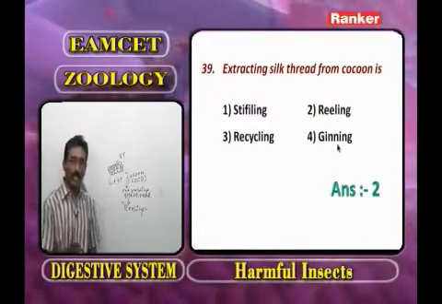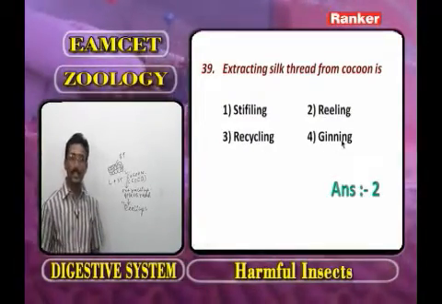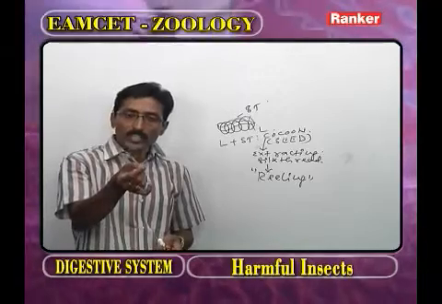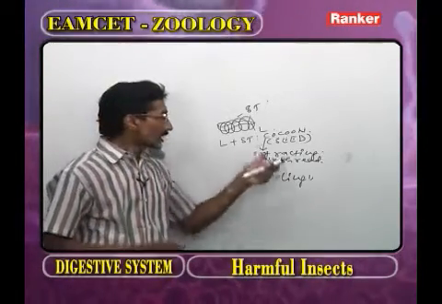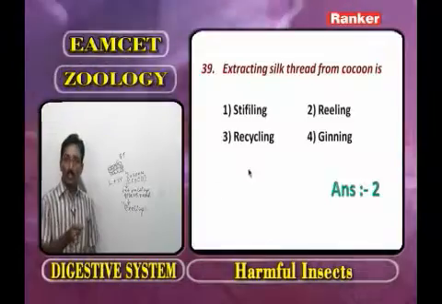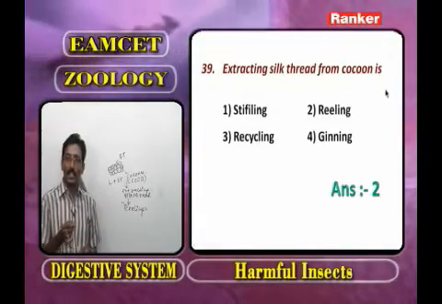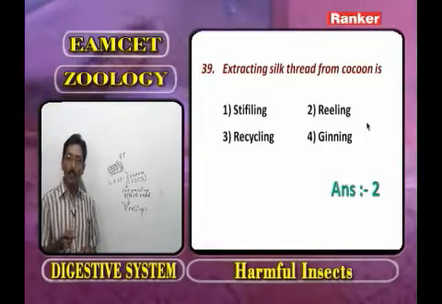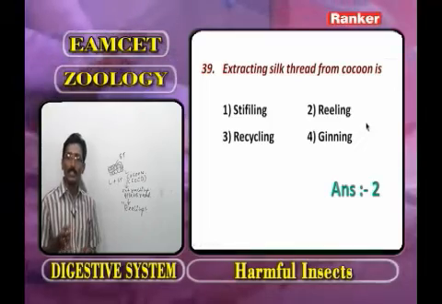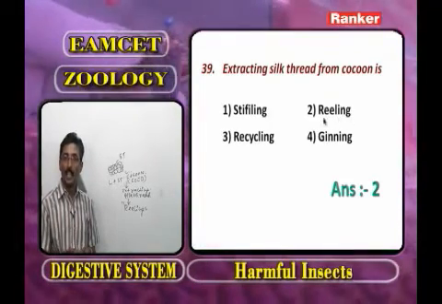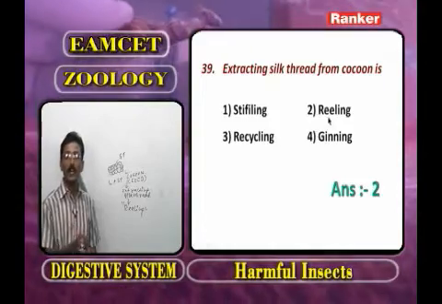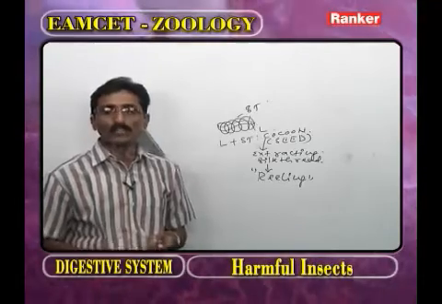Fourth option, ginning, that is eliminated. Now from which stage are we extracting the silk thread? That is cocoon. The process of removing or getting silk thread, we call reeling. It is done by using reeling machines. Now we go for the next question.